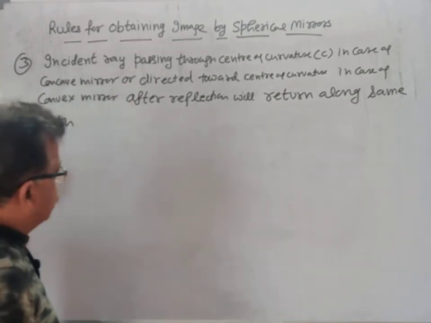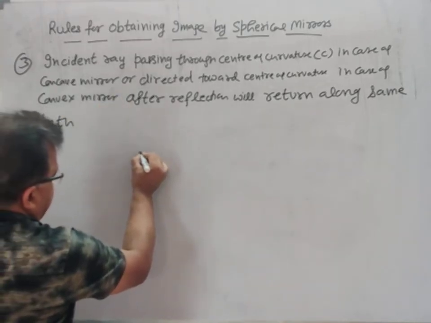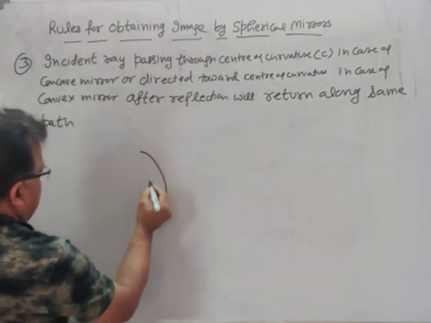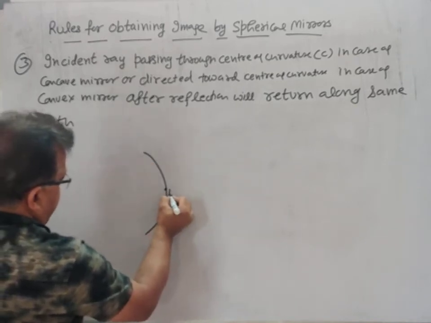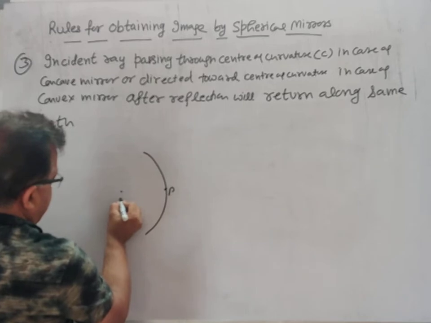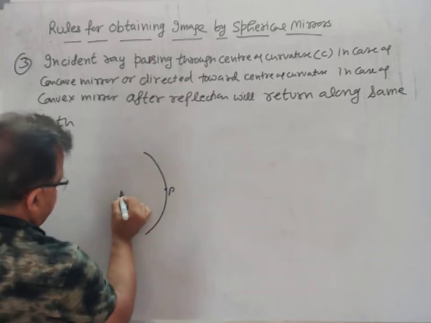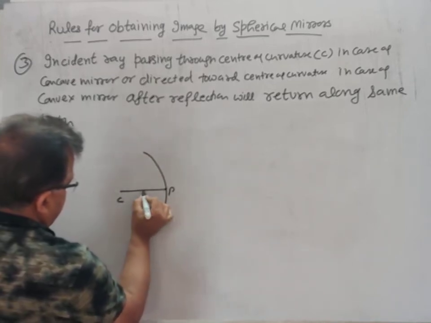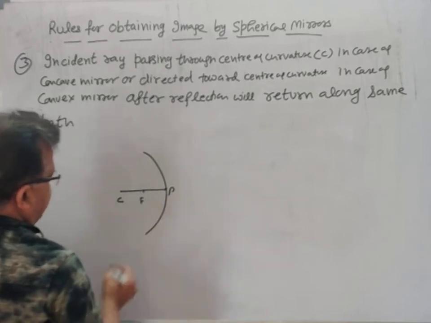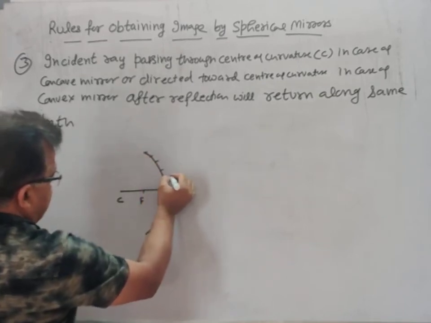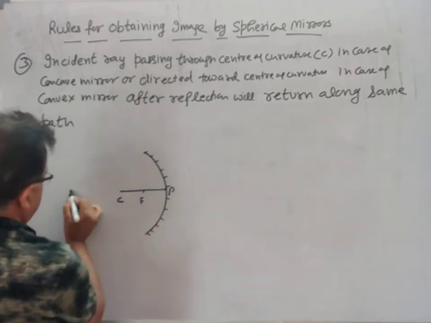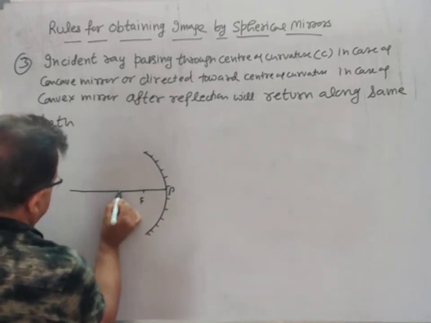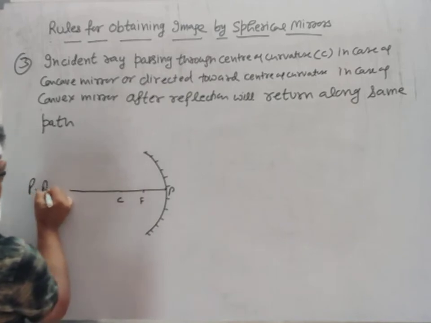Incident ray passing through center of curvature. Again, pole, center of curvature, in middle principal focus, principal axis.